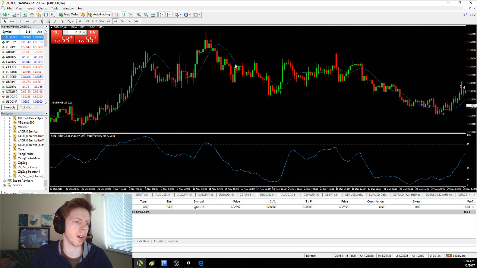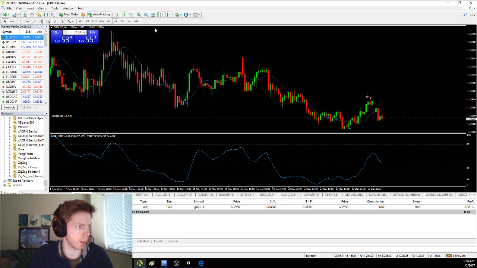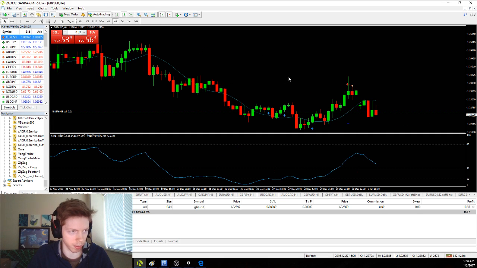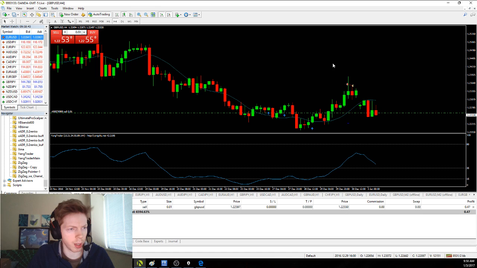All right, so you see me using an indicator here. It's a pretty good one. It's not bad. It shows you just some places that you might want to buy or sell. I'm not really looking too much at it, just testing out different things to see what I can make with EAs. Let's see. The overall picture on the pound is down.